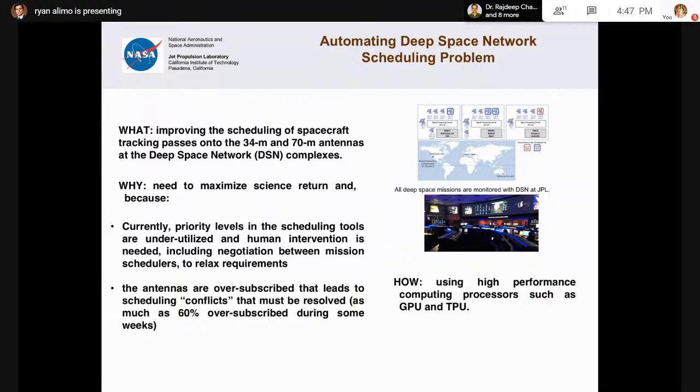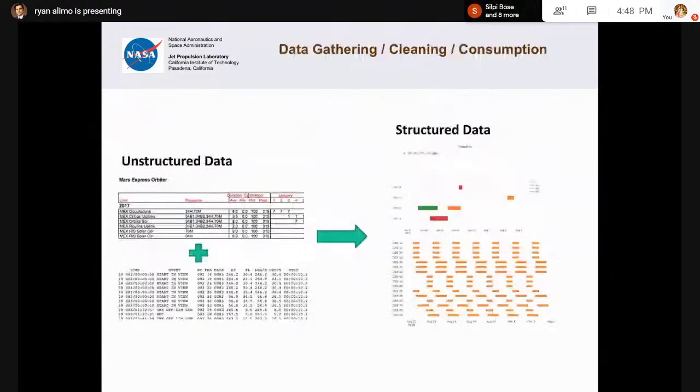However, as we have hundreds or thousands of spacecraft all around the universe, that problem is going to be outside of human capability, and we need some sort of automation that is reliable, explainable, and accurate.